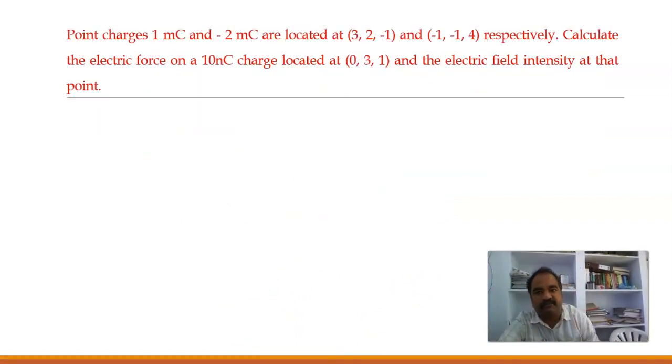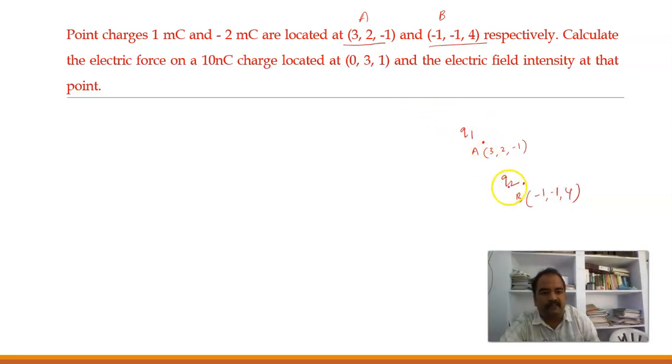Now, if you carefully see, I'll be drawing the figure. It indicates that there are 2 points. I'll name them as A and B. The charges at these points are Q1 and Q2, which is equal to 1 millicoulomb, and the other one is -2 millicoulomb.